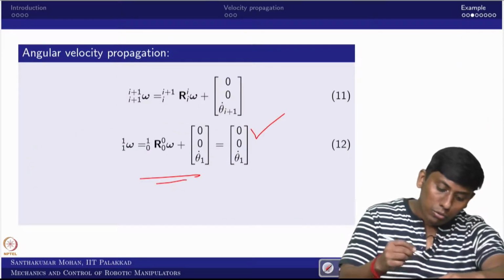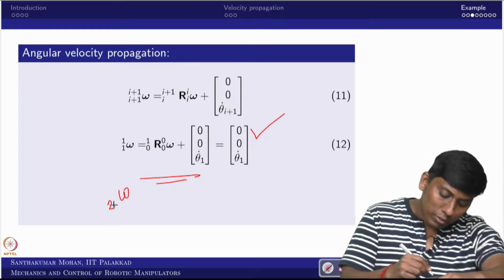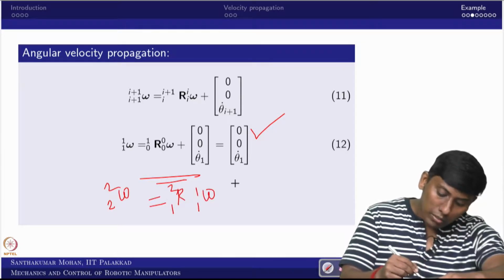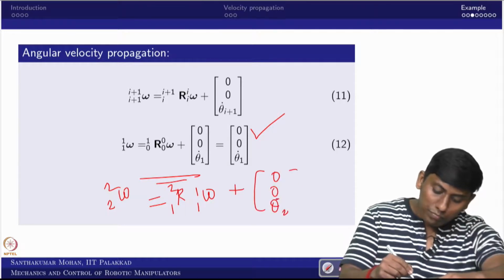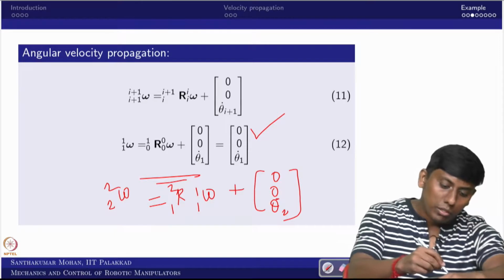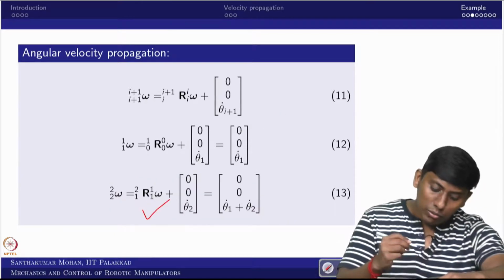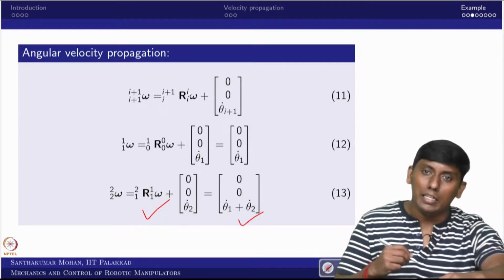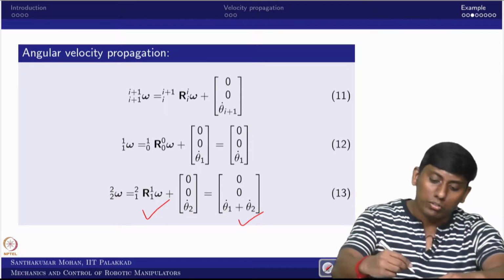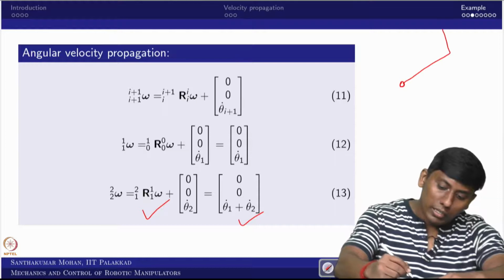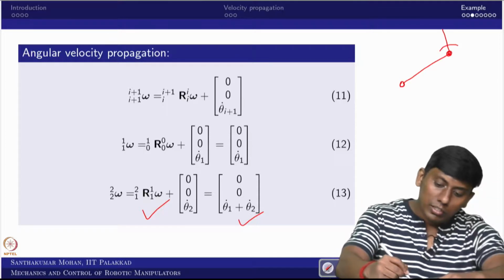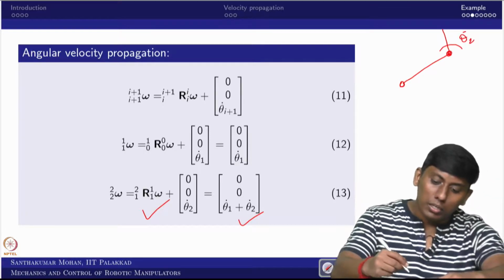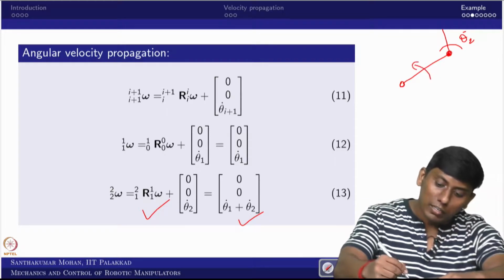Now we can compute omega 2 2, which would be R 2 1 times omega 1 1 plus 0 0 theta 2 dot. That is what we have done. Once you obtain any linear and angular velocity, you have to cross check. Look at it here: this point has theta 2 dot, but this frame has another angular velocity.